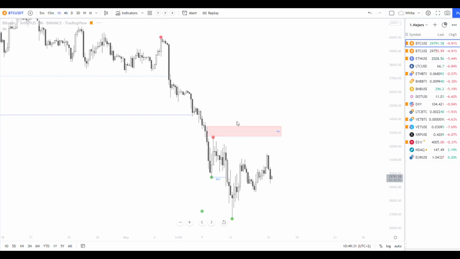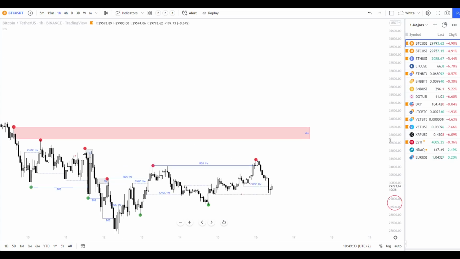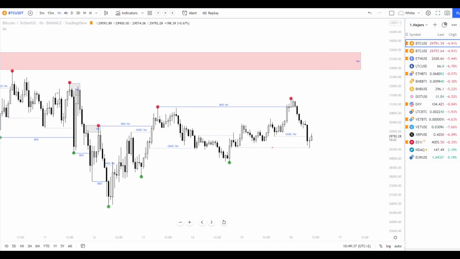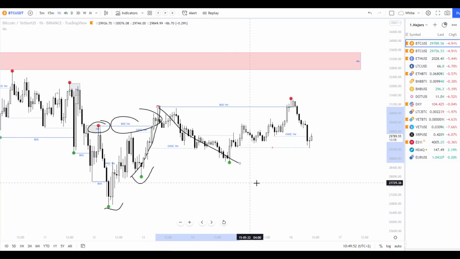On the 1 hour, we can see that we broke out of the structure. So we do have this as a swing low. We broke this previous 1 hour swing high and printed here a higher low. And after a break out of the structure, you can expect a pullback, which happened.